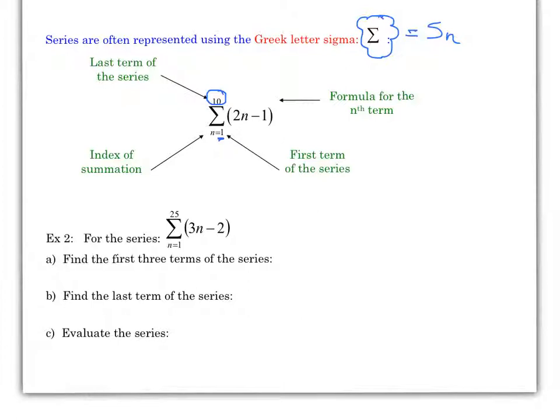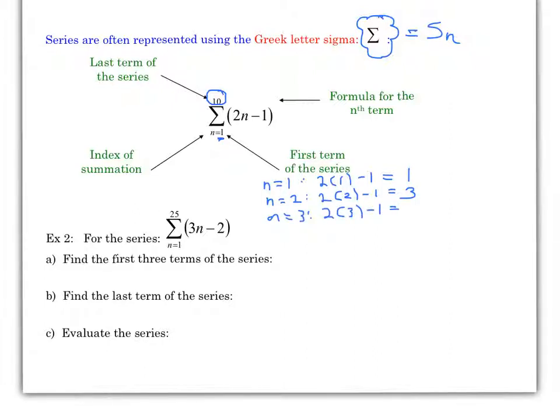Now this is really the long way to do it. There's shorter ways that I'll show you in a second. So if n is 1, what we have is 2 times 1 minus 1. So 2 minus 1 is 1. If n is 2, then we have 2 times 2 minus 1, which is 4 minus 1, which is 3. If n is 3, we have 2 times 3 minus 1.